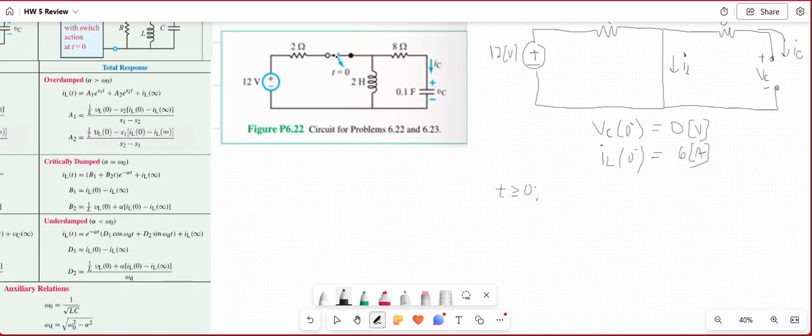Alright, so now the switch is gonna be flipped, the voltage source is gonna be cut off from the rest of the circuit, and we have a series RLC.